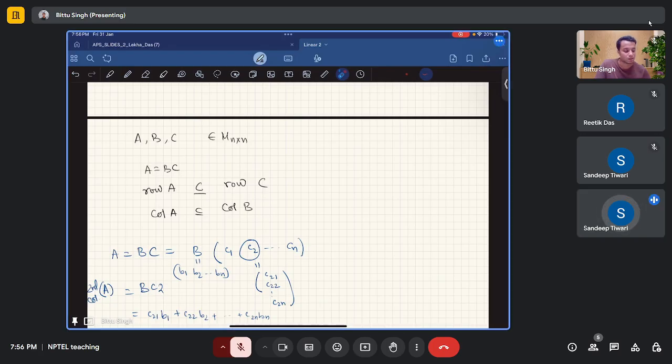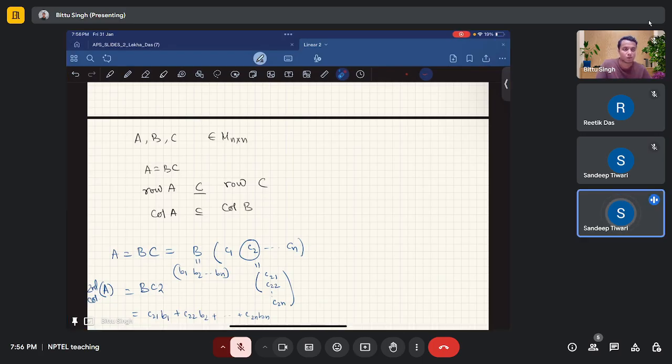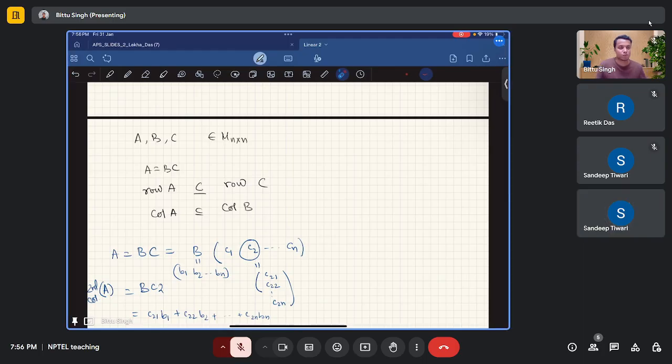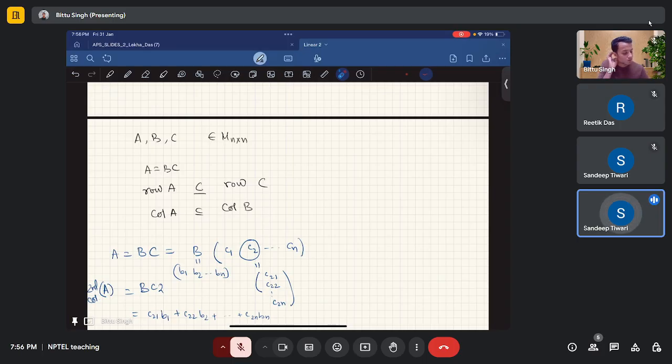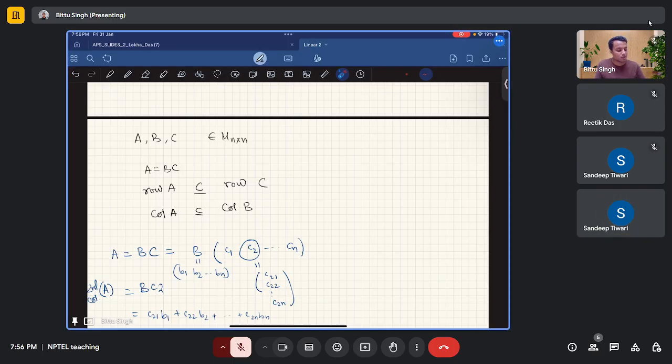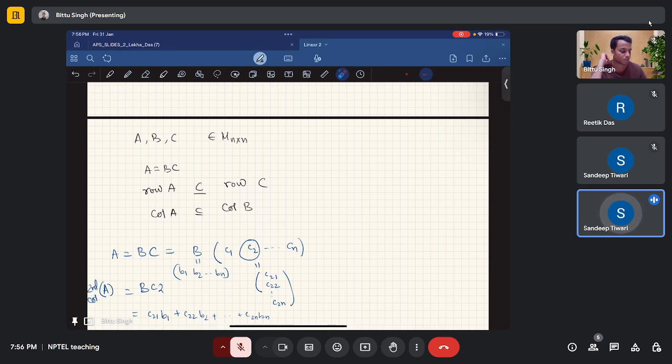Sir, what about the first one, the row space? It is the same, just do the opposite thing. Instead of writing columns, now write it as rows. Take the rows of B and do the same type of thing, multiplying by C from the left side.